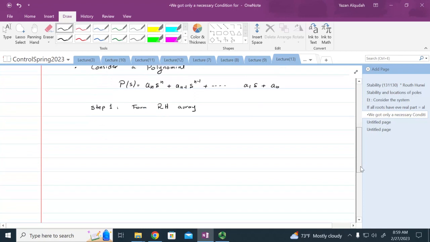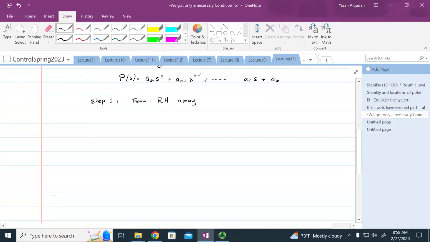And what we're going to do is list the rows: s to the n, s to the n minus 1, s to the n minus 2, s to the n minus 3, down to s to the 0.